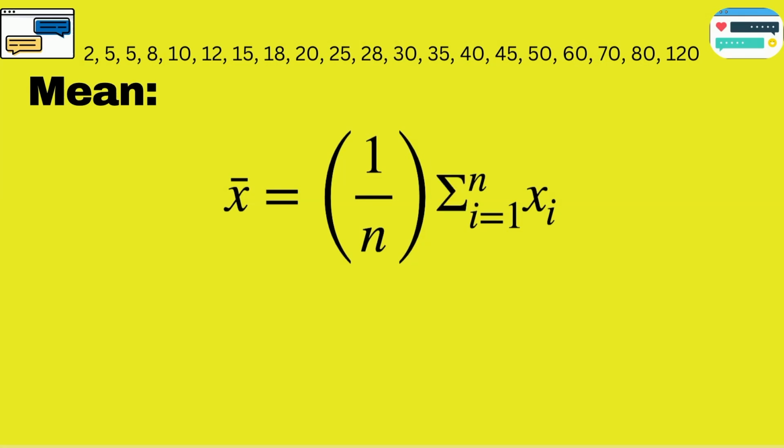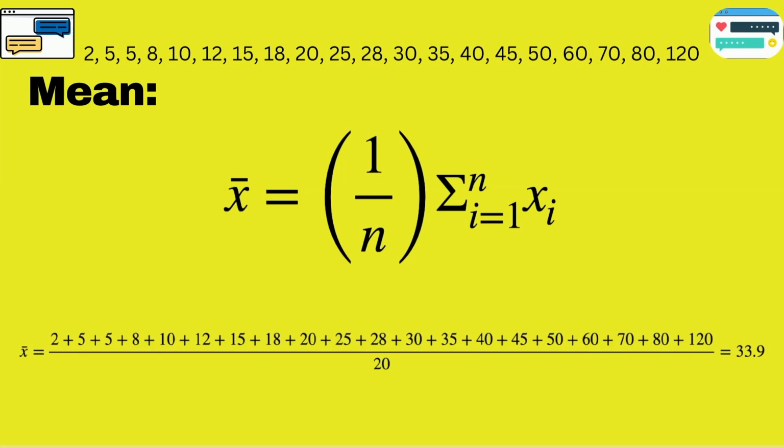But what it means is the summation formula, this capital sigma, means to add up all of your data values. And then the 1 over n means to divide it by however many observations you have. So it is our typical way that we calculate the mean or the average.